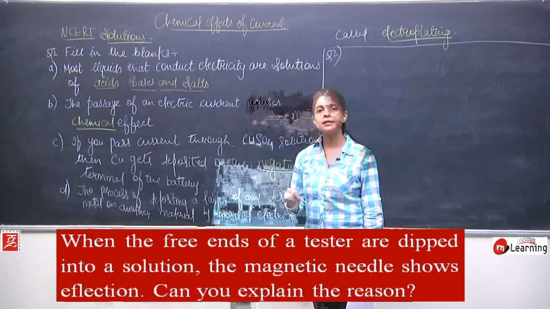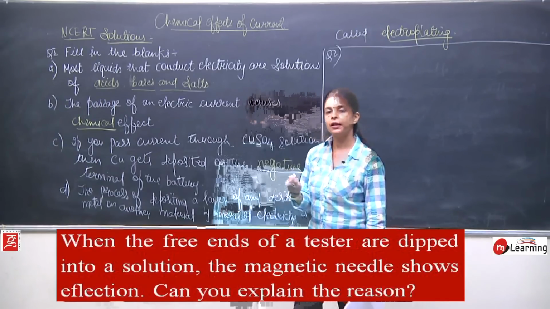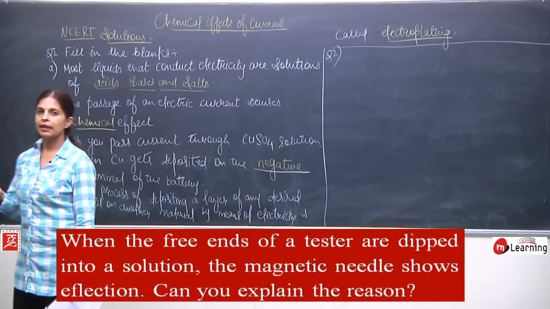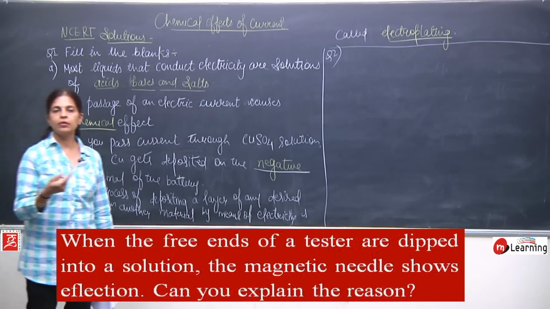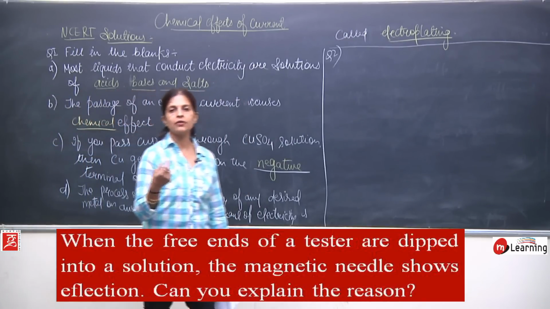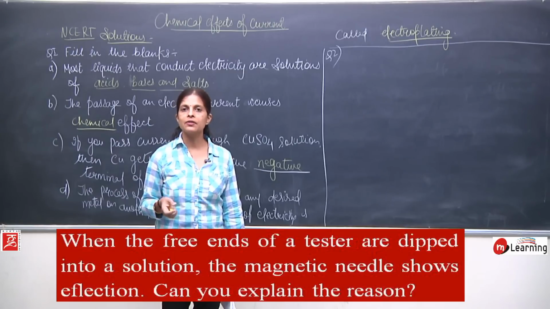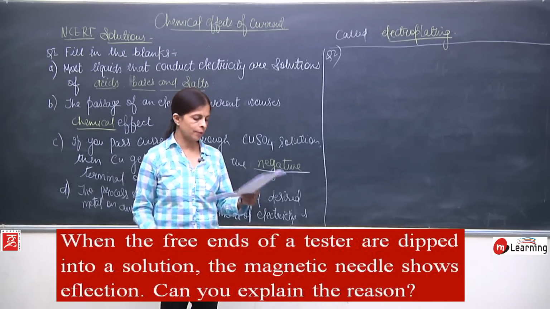Yes, that means the circuit is complete. The electrolyte is able to flow the current. The electrolyte is getting divided into the ions, and that is the reason the current is flowing.